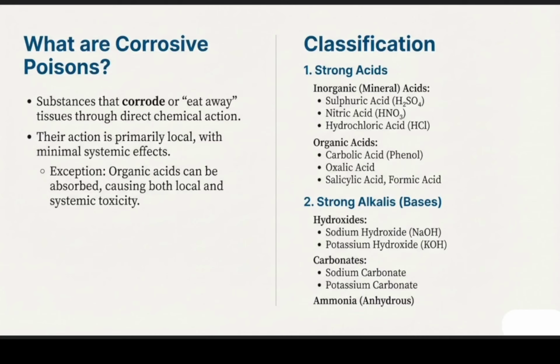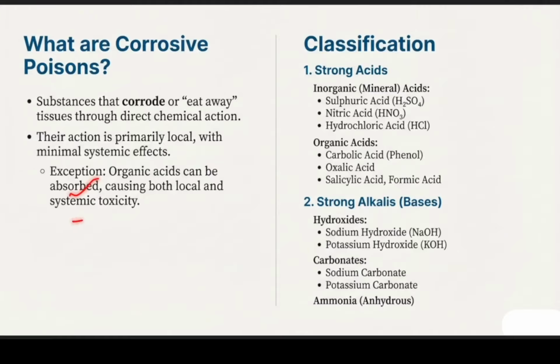But usually they are locally acting ones, like acids, they fall on the hand and it corrodes the area, in the same way. But there are few organic acids which you need to remember, they get absorbed, and then a systemic toxicity can develop.